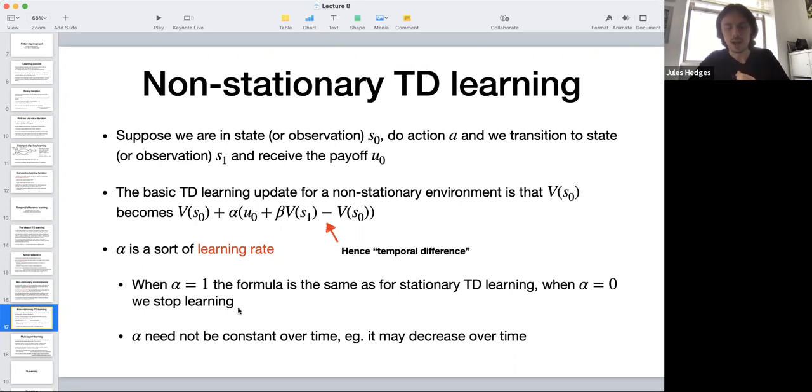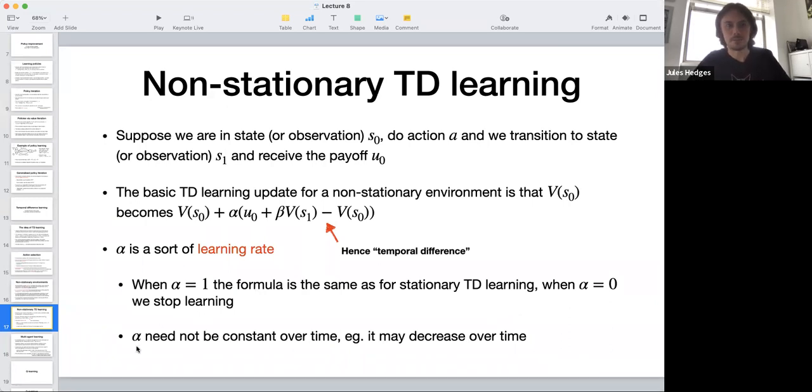When alpha is some other value, in general it doesn't necessarily have to be between 0 and 1, I think, this is going to do some kind of approximate value iteration, but one which is robust to the environment doing unexpected things like spontaneously changing to something else. So if our environment is non-stationary, this learning rate is the thing that avoids us getting stuck if it changes, for example.